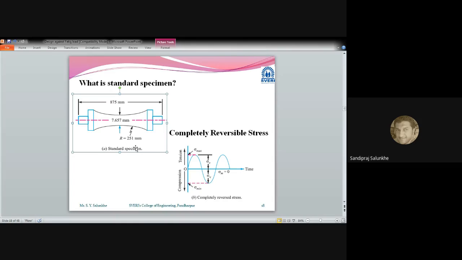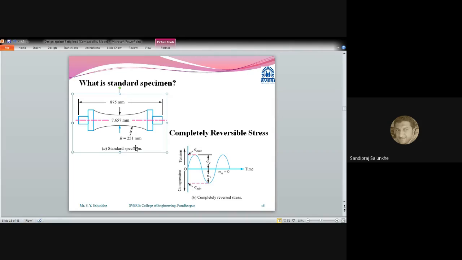So Moore conducted this experiment first and he decided the dimensions for the specimen. He conducted a number of experiments on this endurance limit, and he came to know that this endurance limit can be used in calculating the dimensions of any component which you are going to design and which undergoes fluctuating stress.